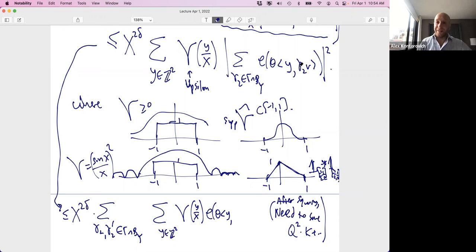So the nice thing about this inner product is that it's completely linear in the gamma variable. So in fact, we'll get gamma 2 minus gamma 2 prime v.